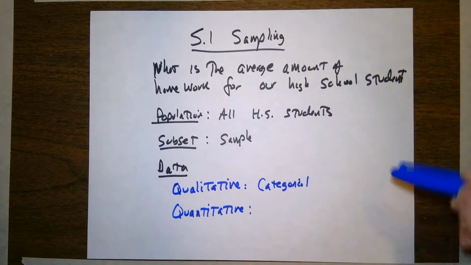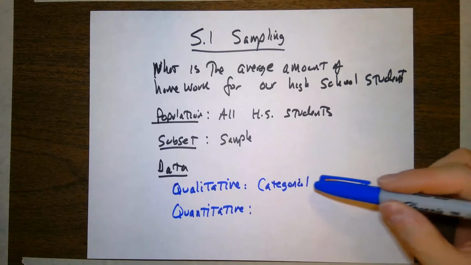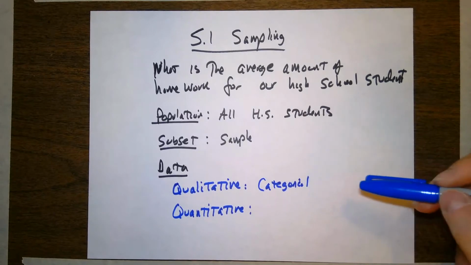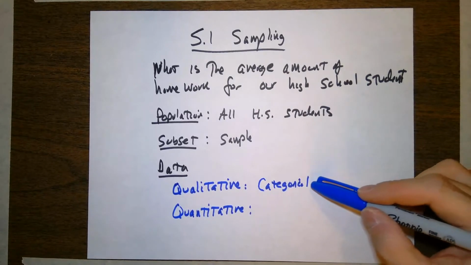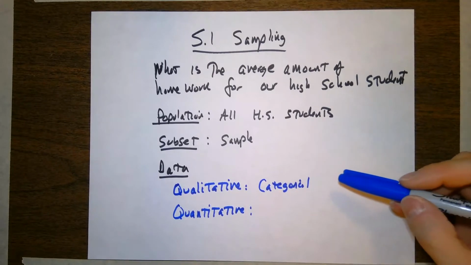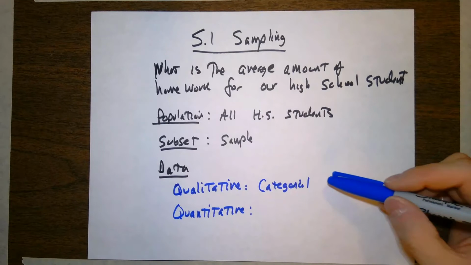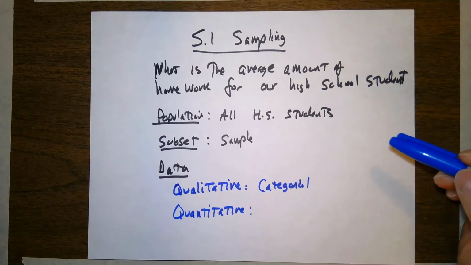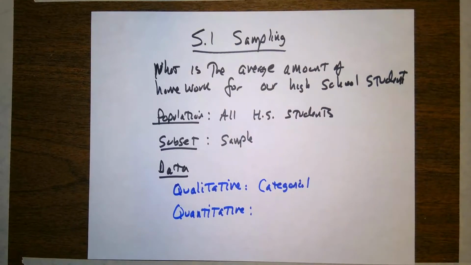If I asked students, how much homework do you have? And I got responses like, too much, or way too much, or a ridiculous amount, or not enough. You know, there's always that one kid, right? These are words. They give us a description, a quality of the data, and it's categorical, but it doesn't really give us a good quantitative description.